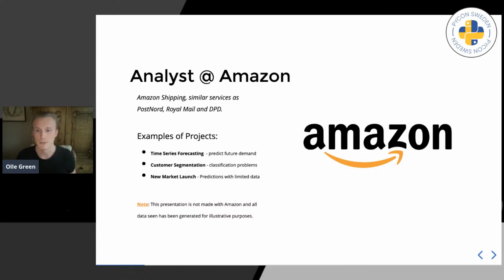So how do we classify different customers to, in the end, understand how they are supposed to be purchasing stuff in the order. And finally, new market launches. So you can take time series analysis, but then with limited data. How you are going to approach these types of problems is something that I feel is very interesting to work with. But note, this presentation has nothing to do with Amazon, and all data that is generated here is for just illustrative purposes.